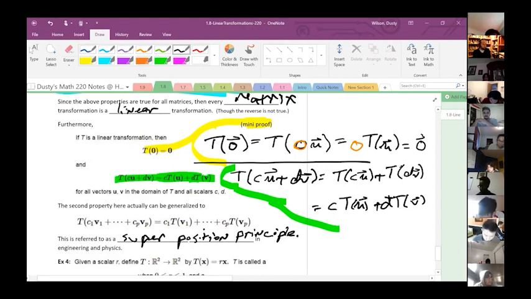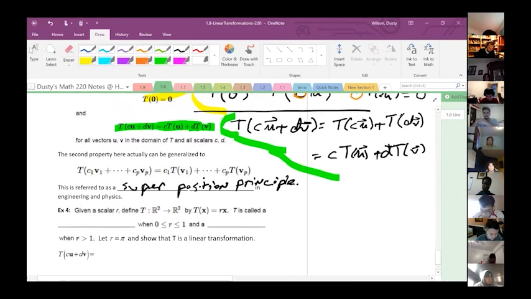In engineering and physics, it's basically why you can split up the horizontal components and the vertical components and treat them independently. That's what's going on here. It's a fancy way of doing something you've been doing for a while. All right.